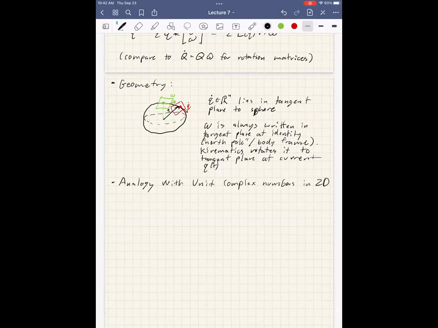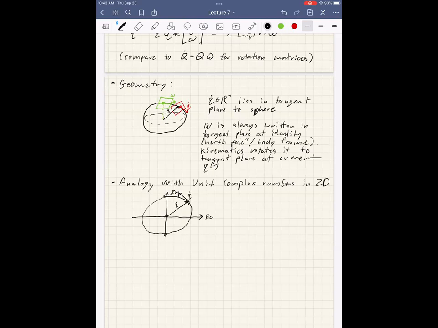So in the 2D plane, the picture is that I've got my axes, a real axis and an imaginary axis, and let's say this is the unit circle. I've got my Q over here, which is a unit complex number, and my Q dot is up here.